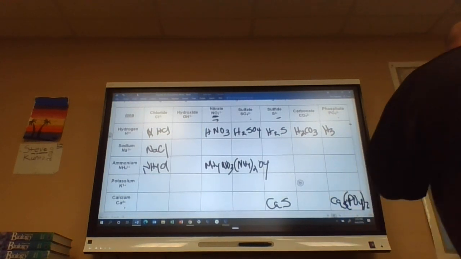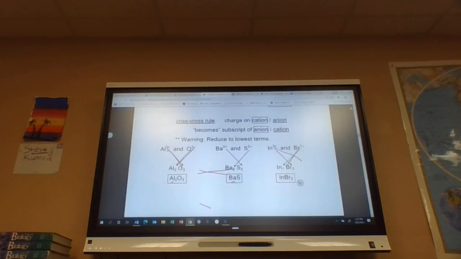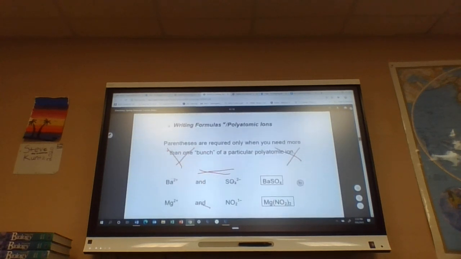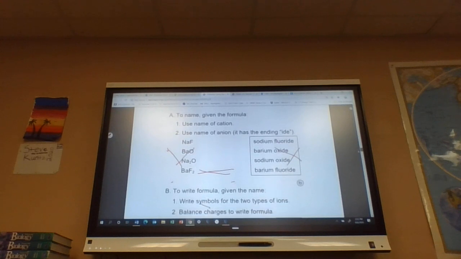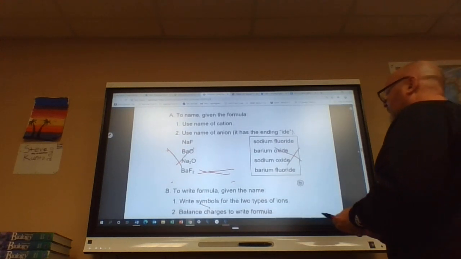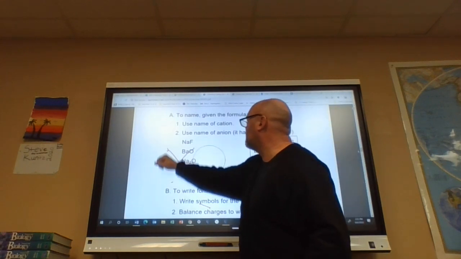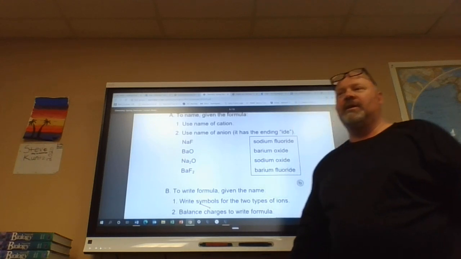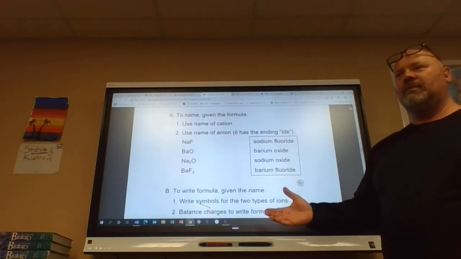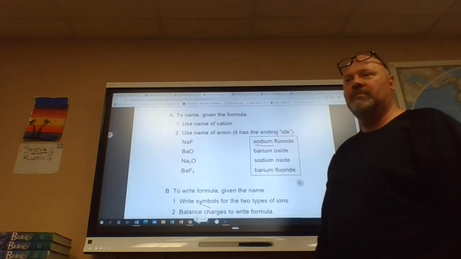Now, how we name those is even easier. On the front side of your worksheet for tomorrow, you're going to have to start naming these. So they're going to give you a chemical formula, NaF. Na is sodium, right? The first element, all you do is you write the name, sodium.